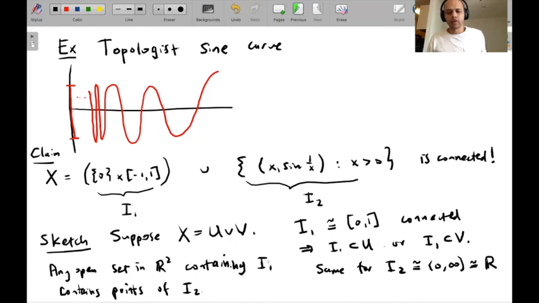Right. So this means that if I1 is in U, then U also contains points of I2. And then since I2 is either entirely in U or entirely in V, both I1 and I2 are either entirely in U or entirely in V. So from this we conclude U and V are not both non-empty.